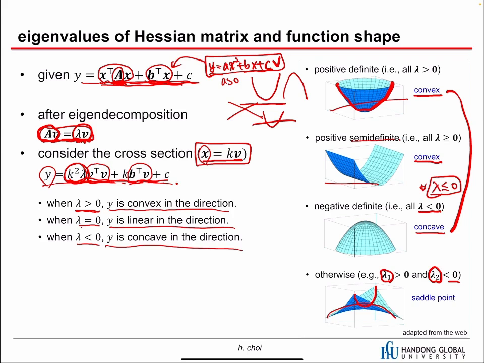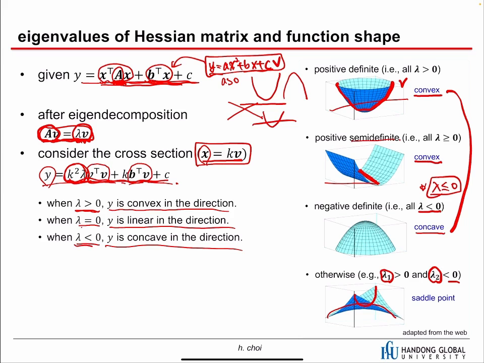So look at this one. If it is positive definite, which means all the eigenvalues are positive, then in any direction it is convex. That's good. But if we have a 0 eigenvalue, then in this direction it is a linear function.